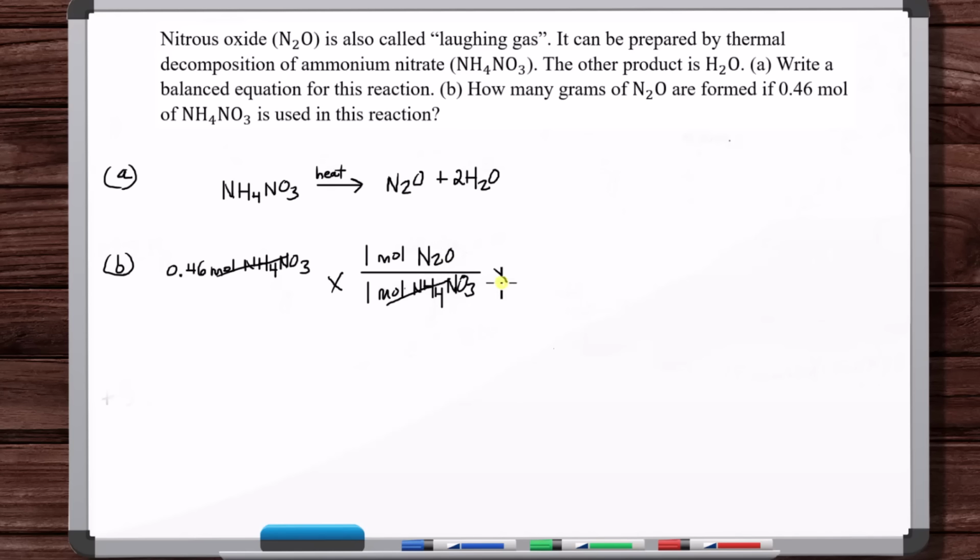All right, but now we need grams of N2O. So to convert here, we need the molar mass of N2O.